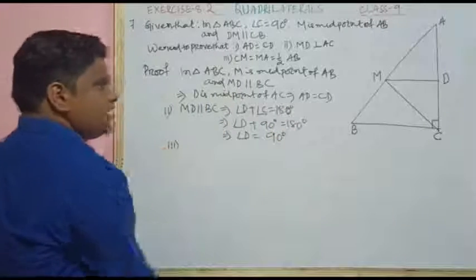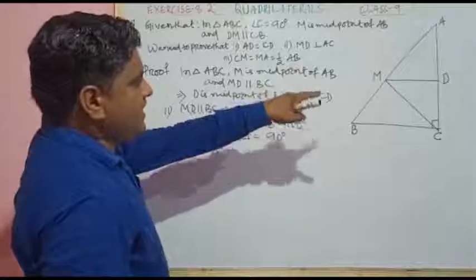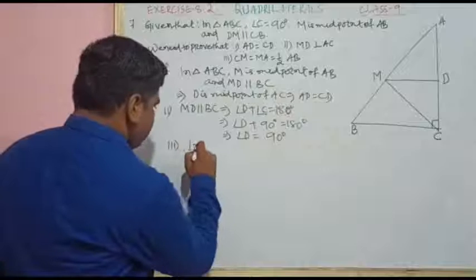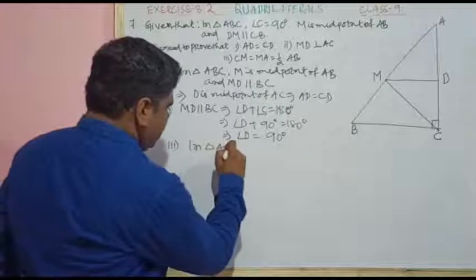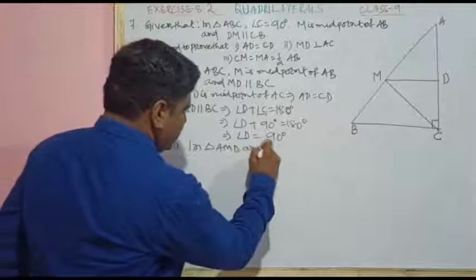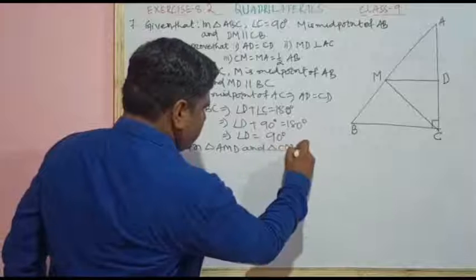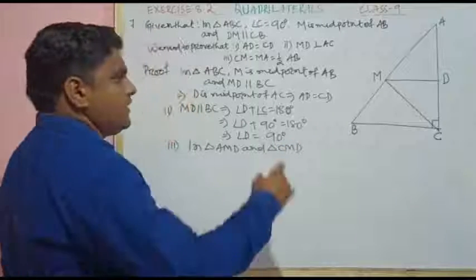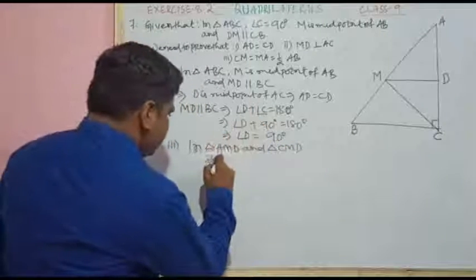Third bit: in triangle AMD and triangle CMD, what is equal?